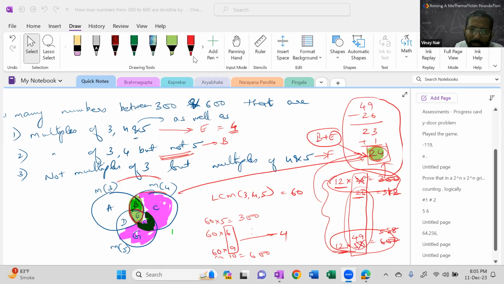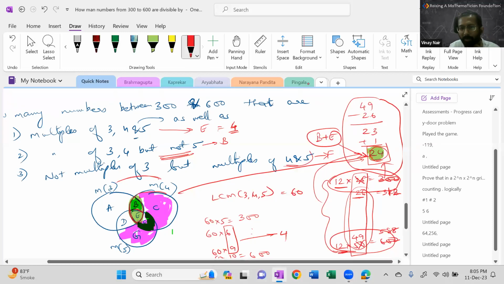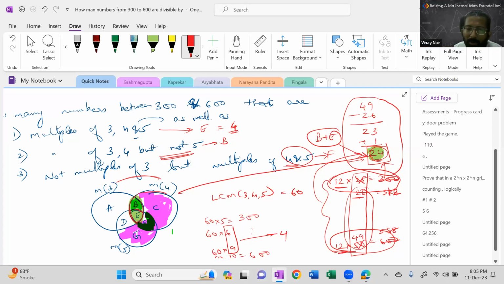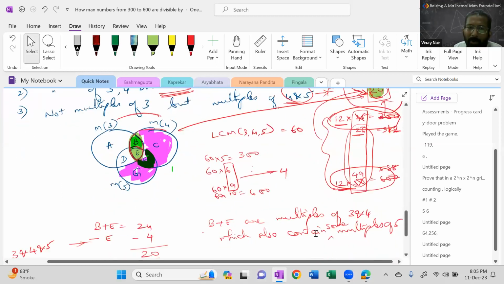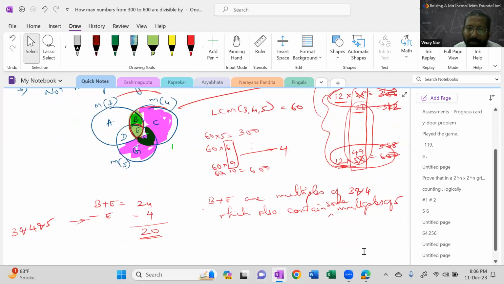Now there is one more condition. Not multiples of 3, but multiples of 4 and 5. Vijay, which region are we talking about now? Sir, we are talking about F. F, right? And how do we find F, Vijay?